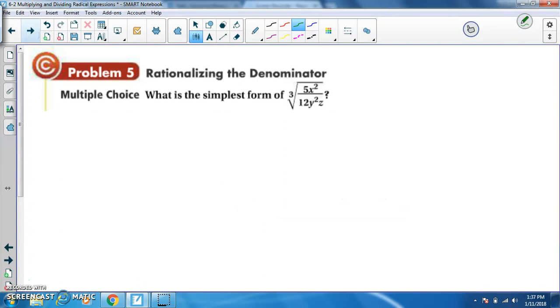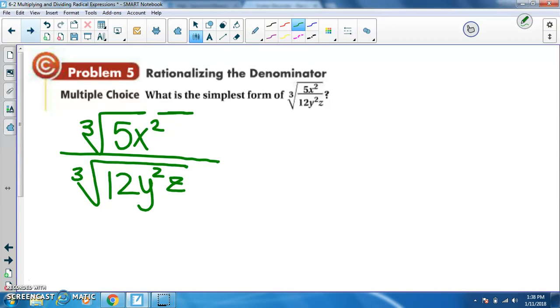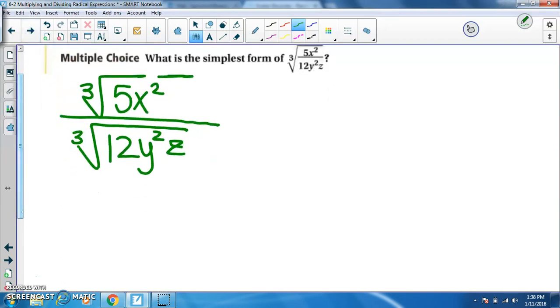So here, I'm going to split this up since if I divided, nothing would be simplified. So I have the cube root of 5x squared over the cube root of 12y squared z. And I'm going to break up 12yz into numbers that make more sense to me in the fact of taking the perfect cube root.